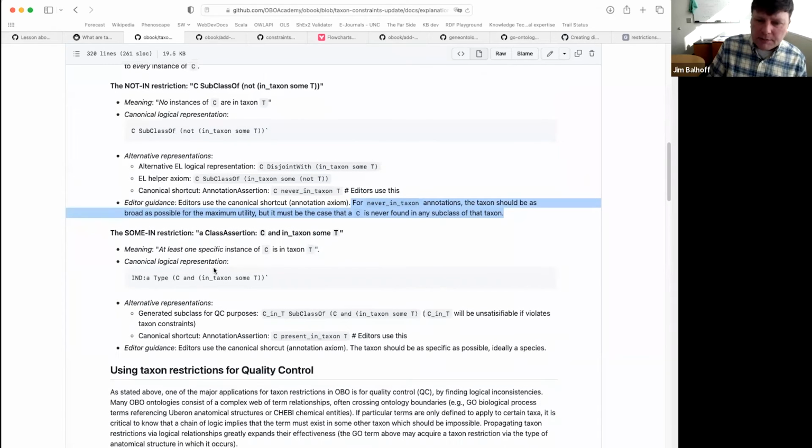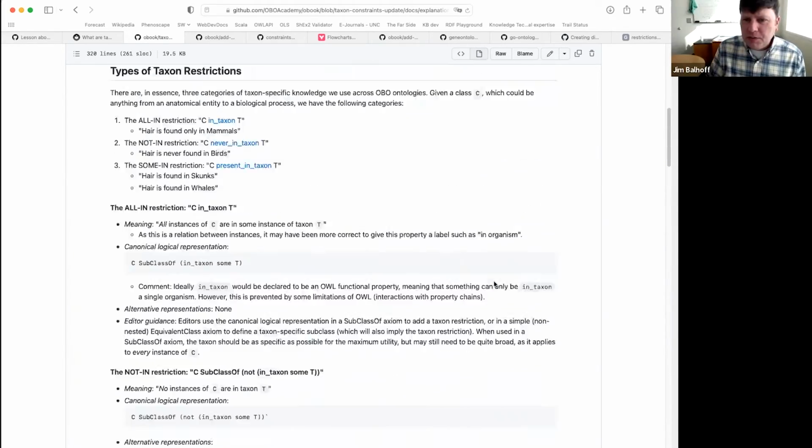For the some in statements, make those as specific as possible, because they're more like observations. And remember, they propagate to superclasses on both sides. So you say hair is present in striped skunk, and hair is present in dolphins, or something like that. So that's some guidance on how to think about which taxon you're putting in. All right, that's the whole document.